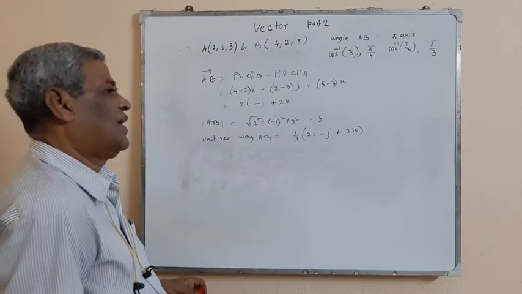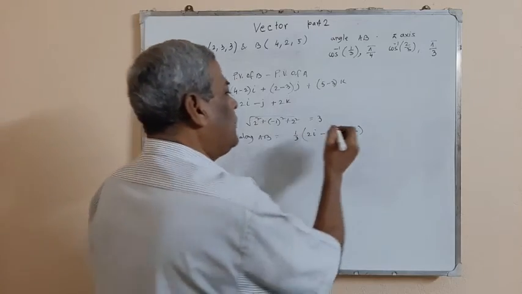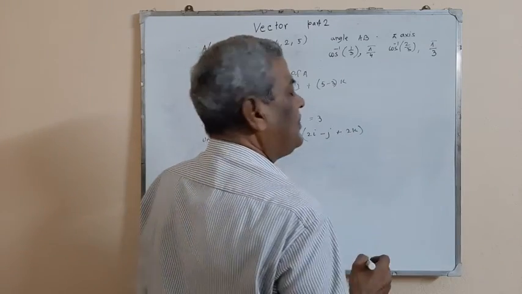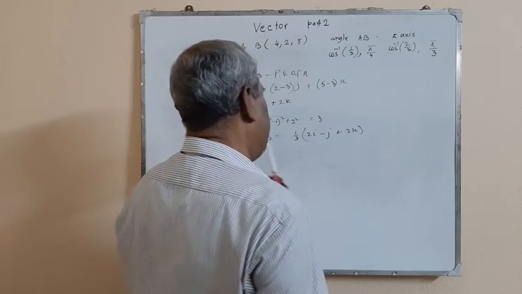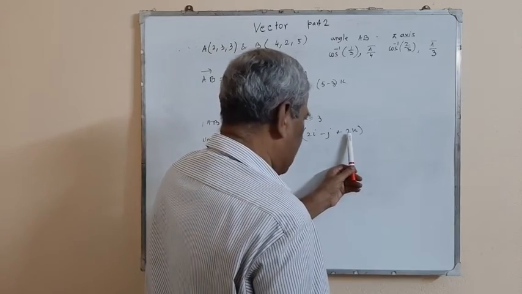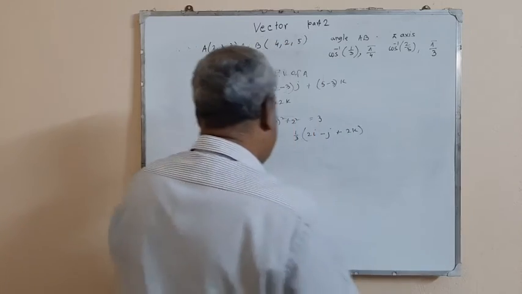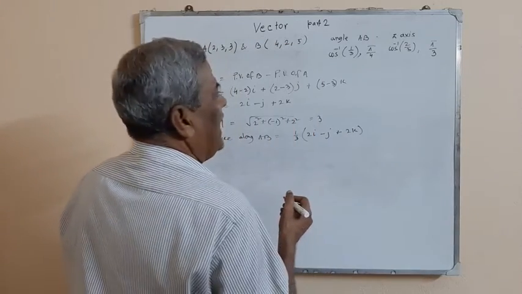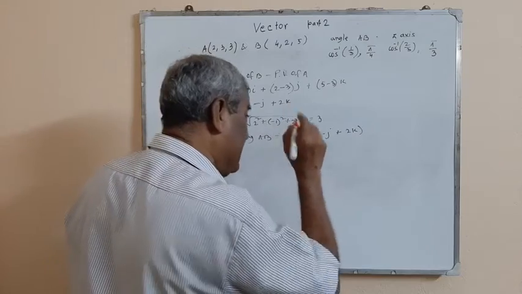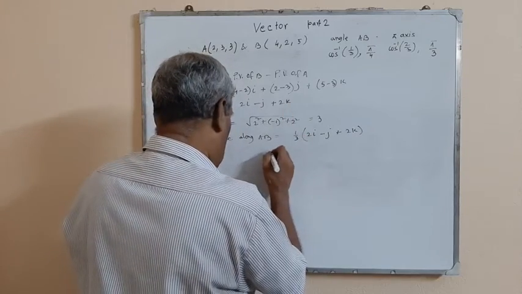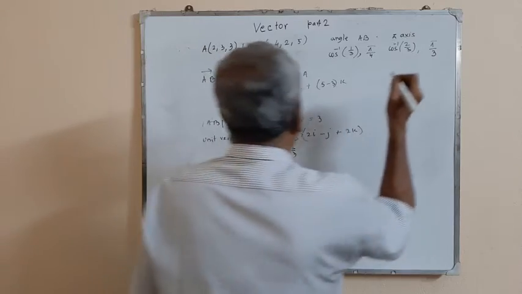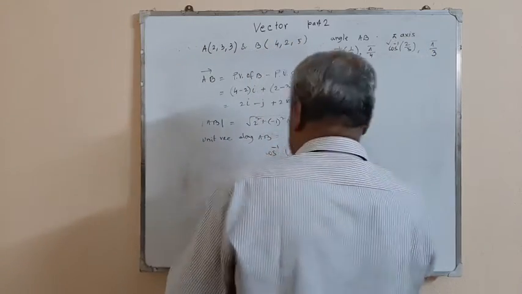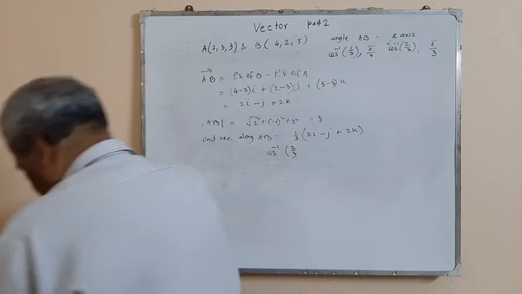So its z component is 2/3. Z component of unit vector along AB is 2 divided by 3. Therefore, the angle which AB makes with Z axis is cos inverse 2/3. So this one is the correct option.